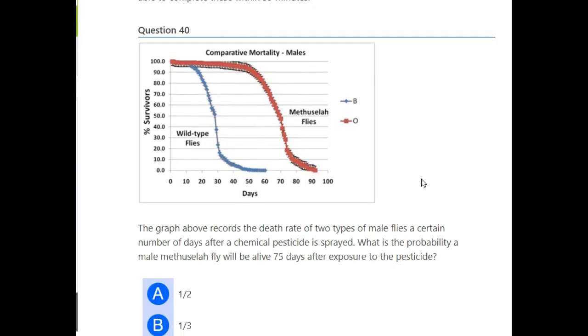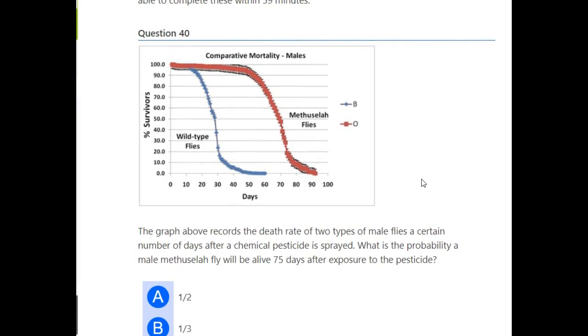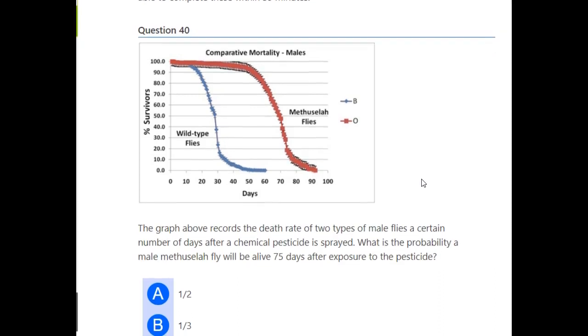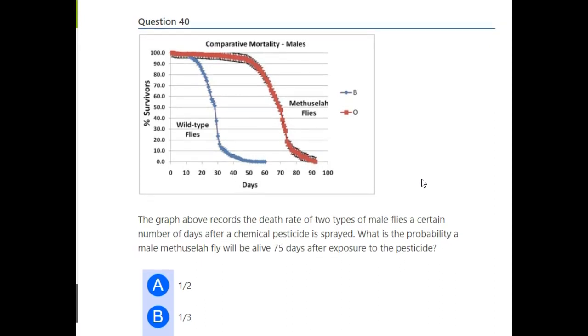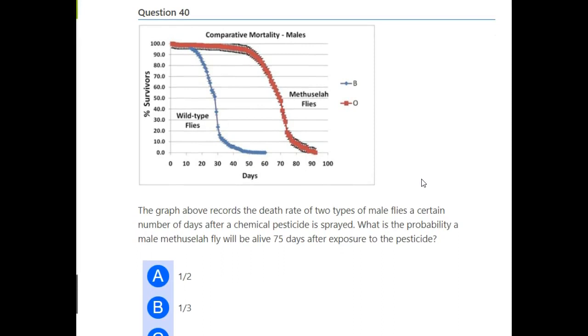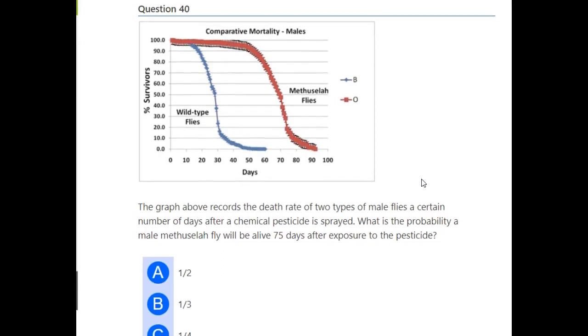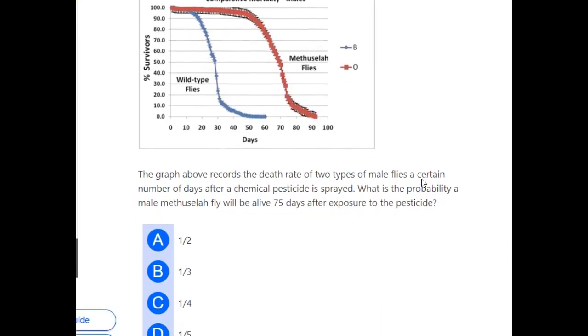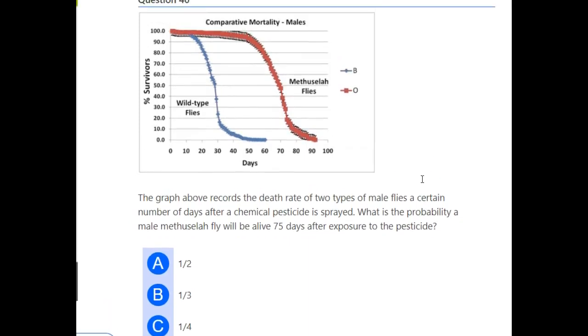The graph above records the death rate of two types of male flies a certain number of days after chemical pesticide is sprayed. What's the probability that a male Methuselah fly will be alive 75 days after exposure to pesticides? A. Half. B. 1/3. C. 1/4. And D. 1/5.